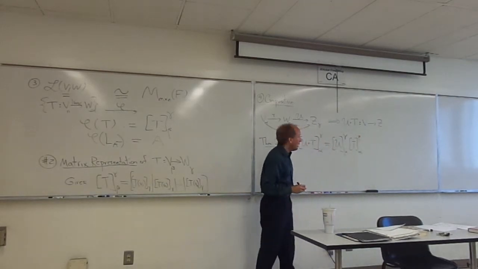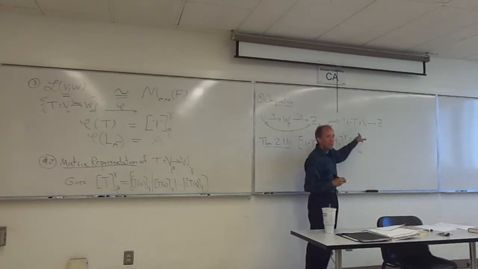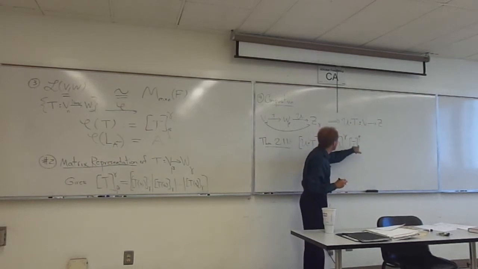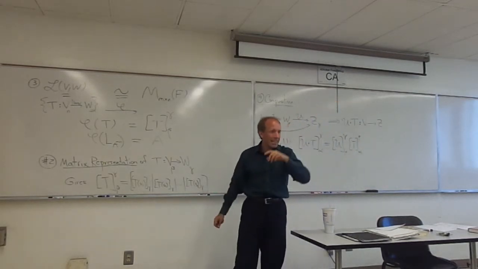The betas have to be the same. You sort of cross them off and you're going directly from alpha to gamma at that point.